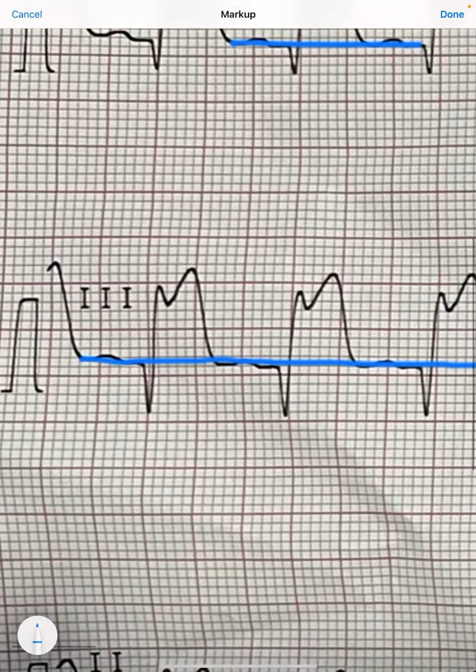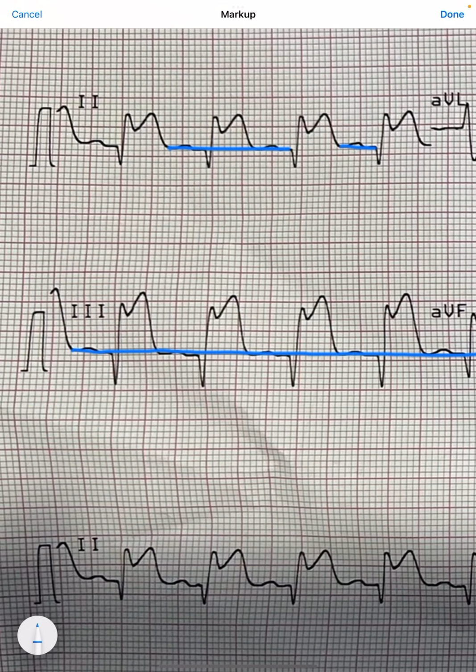Basically, this is a Q wave. Q wave is the first negative wave after P. We can very nicely make out this is P, this is P, and the first negative wave after P is Q wave.